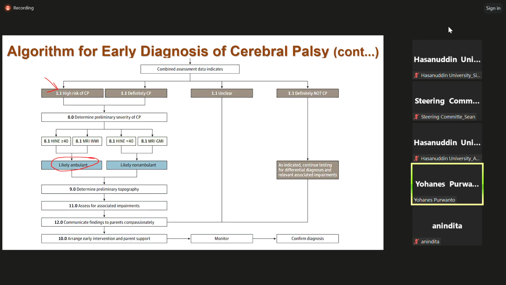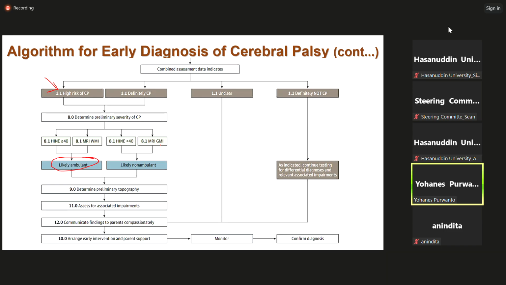Here, we can see MRI with white matter injury, and here MRI with gray matter injury. We can see that with white matter injury or in the subcortex, it's more likely ambulant compared to MRI with gray matter injury.